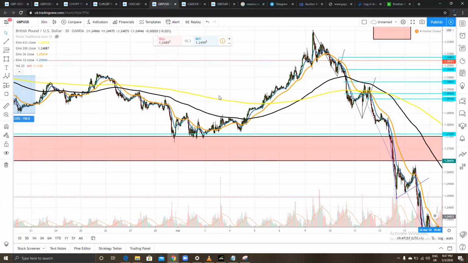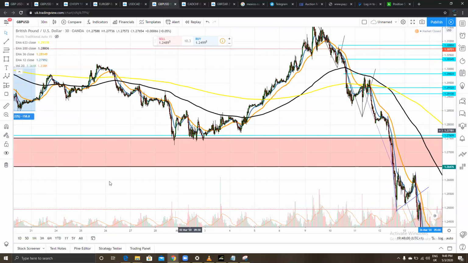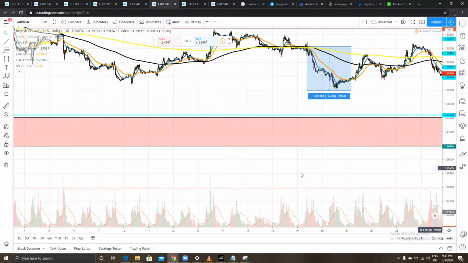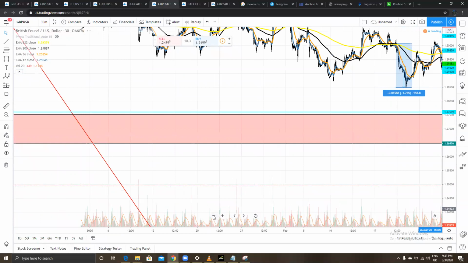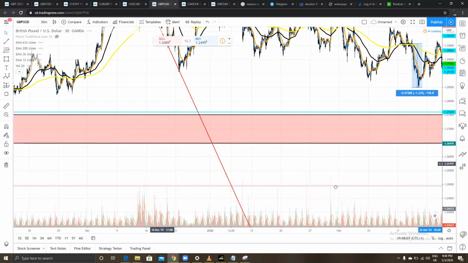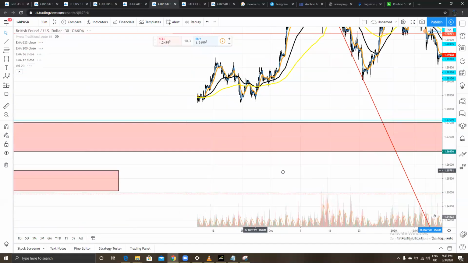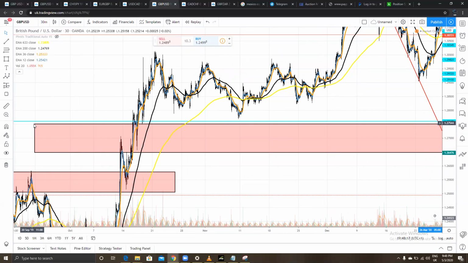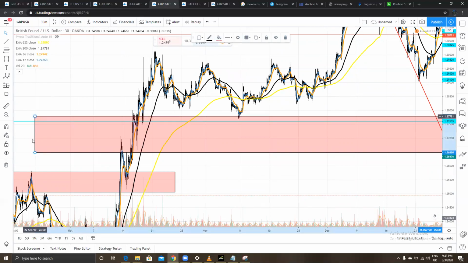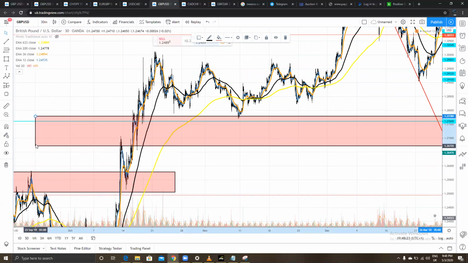So there was a support over here, and for people who understand support and resistance more than I do, obviously they would have picked it from probably somewhere over there. That would have been the reason why I extended it. I don't know why the price is not matching up. All right, so that area.